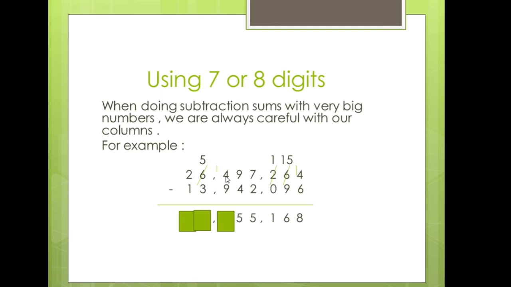It will become 14, and 14 minus 9 will become 5. Now as I have taken 1 from 6, 5 is left. 5 minus 3 will give you 2. Now the last column is based on the bigger value. It is 2 minus 1, and that will become 1. So that is how you have to work them out column-wise.